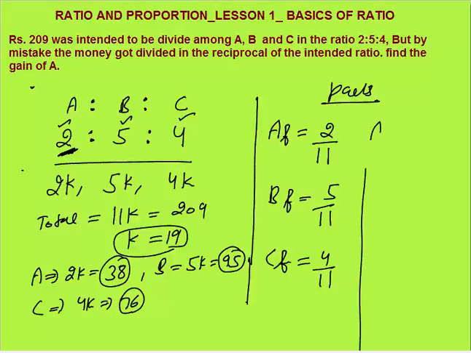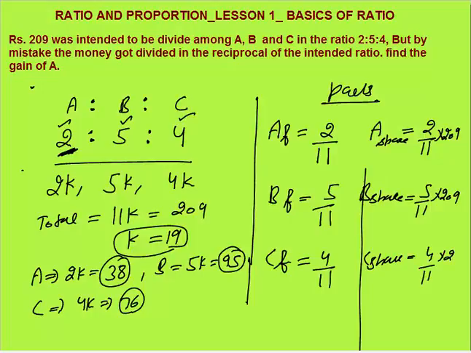A share would be 2 by 11 of total, that is 209. B share would be the same way, 5 by 11 into 209 total. And C share would be 4 by 11 into 209. Again you will get the same answers.